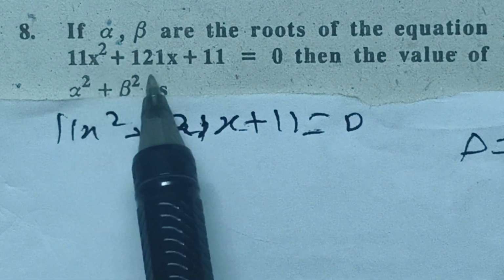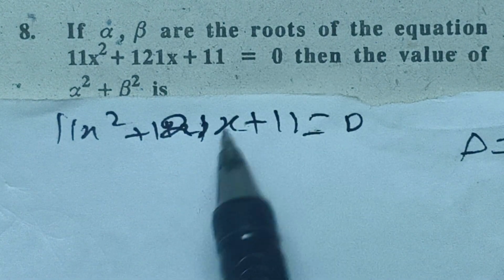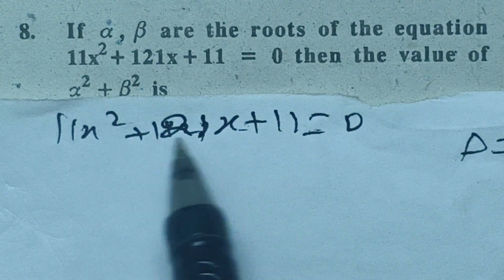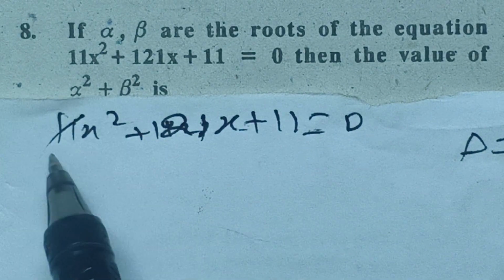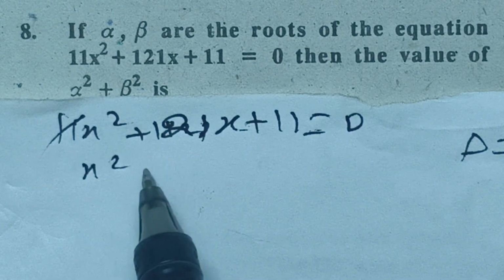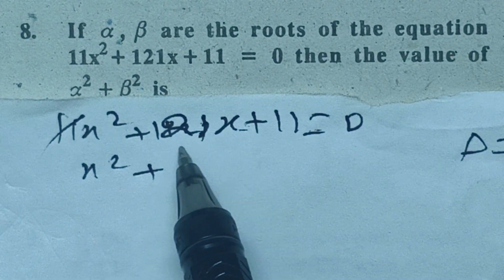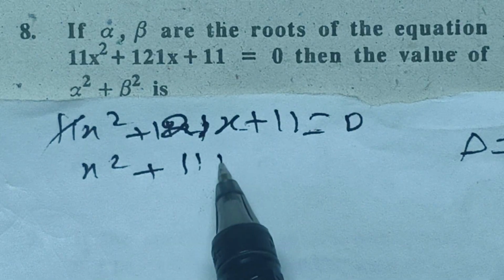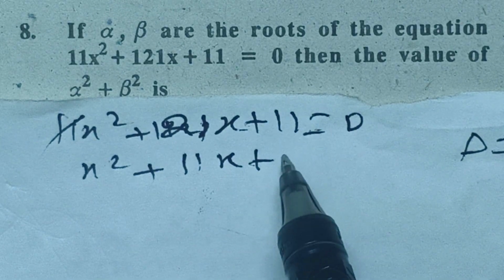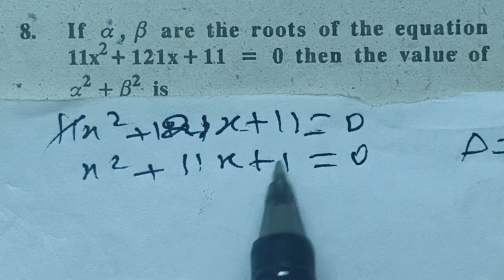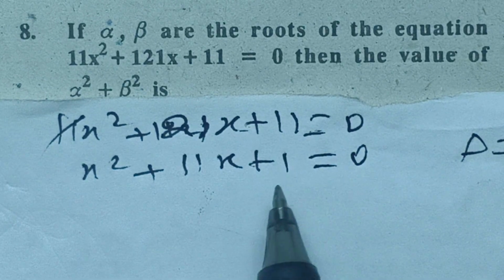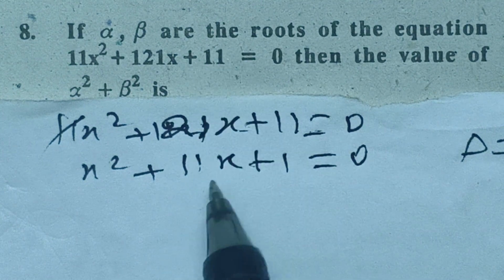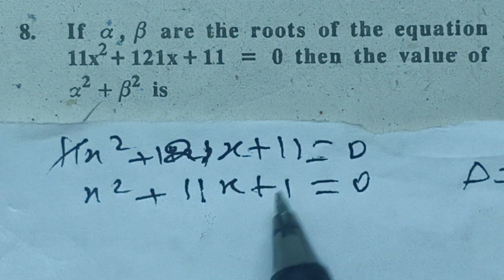The given equation is 11x squared plus 121x plus 11 is equal to 0. Divide by 11. x squared, here 121 divided by 11 is 11, x plus 11 by 11 is 1, is equal to 0.